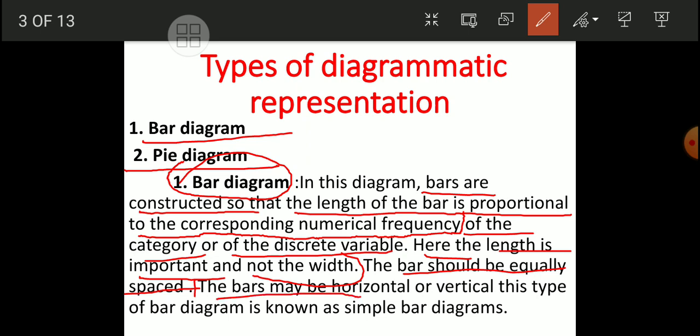Again, the bars may be horizontal or vertical, and such a bar diagram is known as a simple bar diagram. Friends, this is a little explanation of the first type of diagrammatic representation, that is the bar diagram.